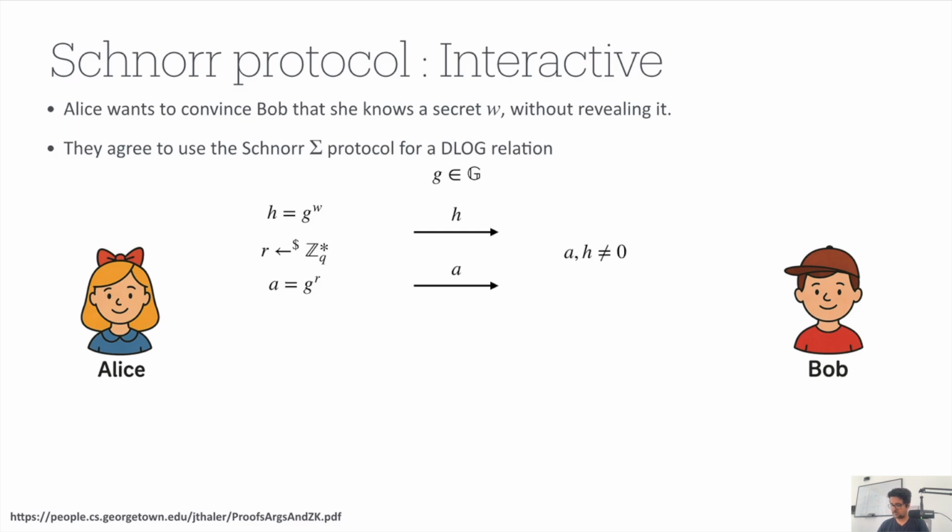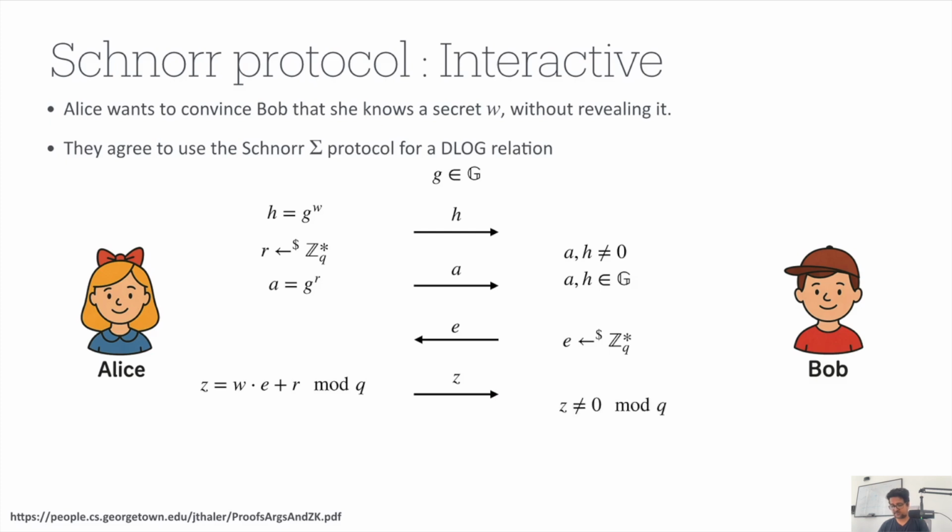Bob is going to check first that these are not zero, which, since these are elliptic curve points, means making sure they are not points at infinity, and that these points are actually on the curve. Then Bob samples a random value from the multiplicative group and sends it to Alice. And Alice computes the following object, and then she sends the value to Bob.